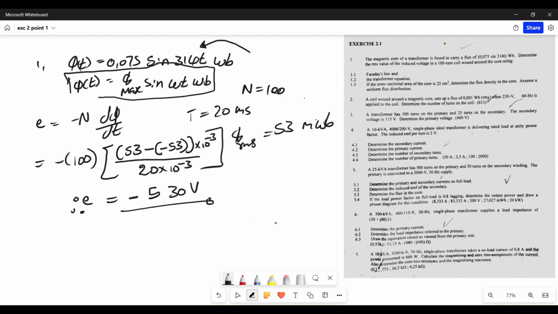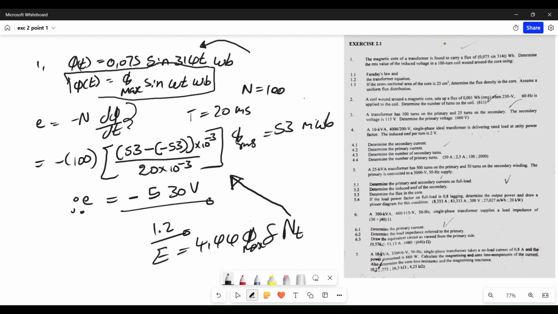So one thing I can say after solving this question, I hope it was straightforward, is that in question 1.2, they're telling you to calculate the induced EMF using the transformer equation, but you need to understand that this is the transformer equation that we're going to use in the next question. These two equations are not the same, because the first equation respects time.